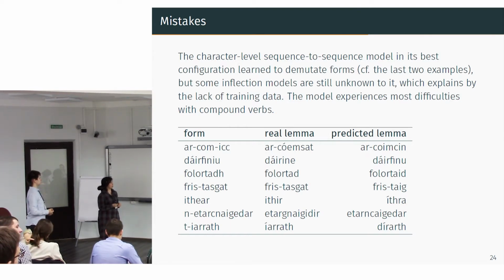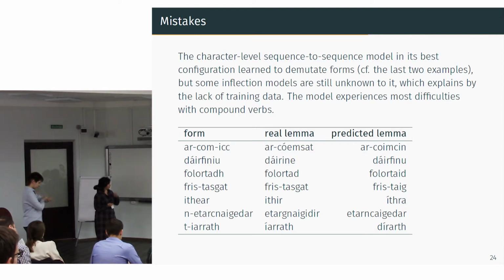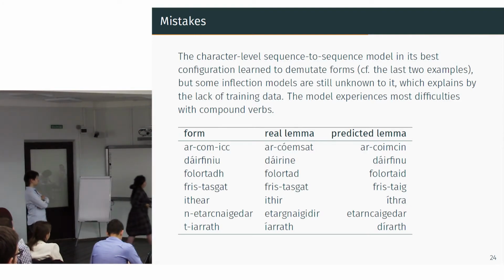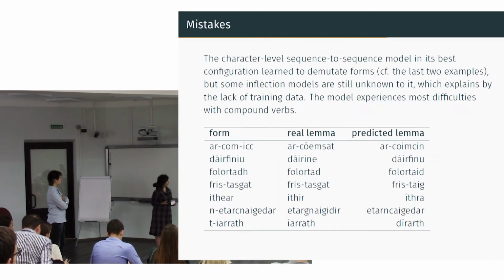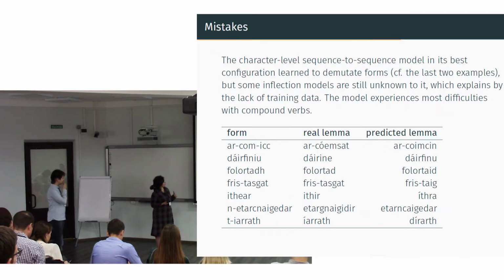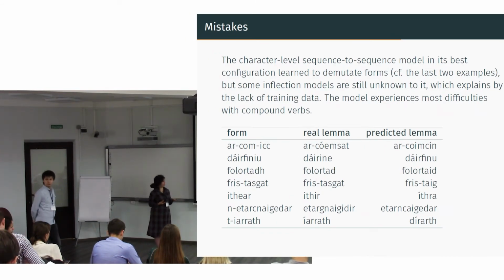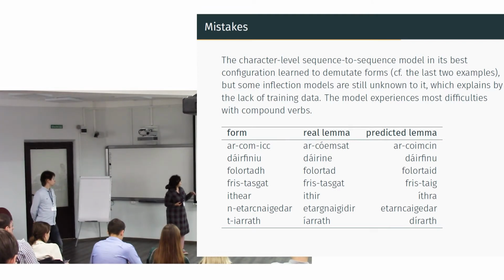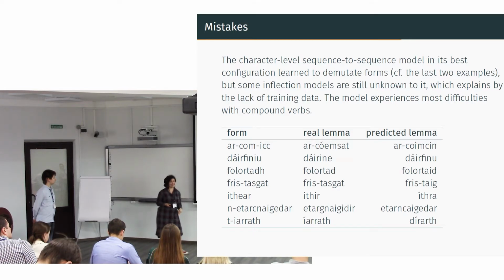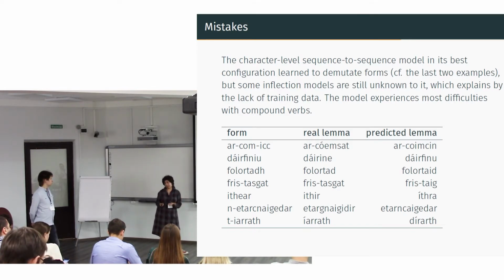The main problems we experienced were with verbs. They are not very regular. The compound verbs are not very regular. For example, here we have the form fris taskat, the systematic form fris type, which is actually a very irregular pattern. But for this very verb, the lemma is different.